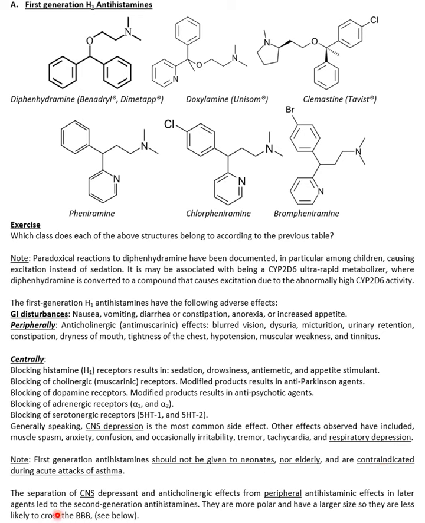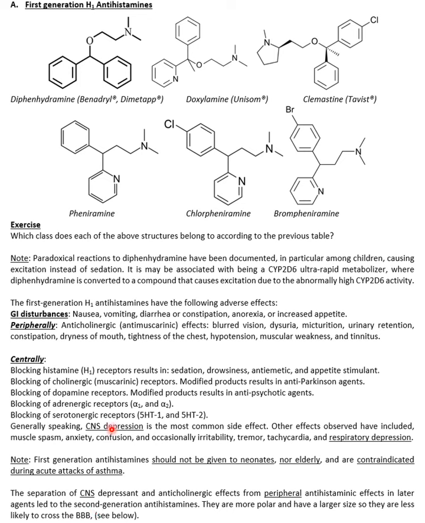And finally, in order to separate the central effect and avoid all these effects that are produced by first generation, another generation, a second generation, was designed that does not cross the blood-brain barrier and does not cause these central effects.